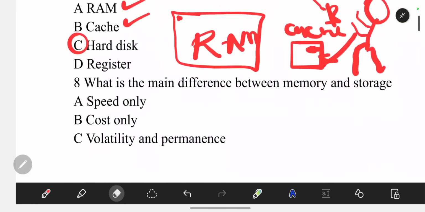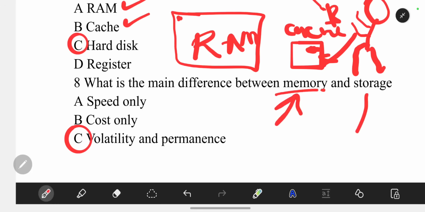Let's look at number 8. What is the main difference between memory and storage? The main difference is volatility, meaning memory is volatile, it loses its content when power is cut, and also performance. Memory is faster to access while storage is not.